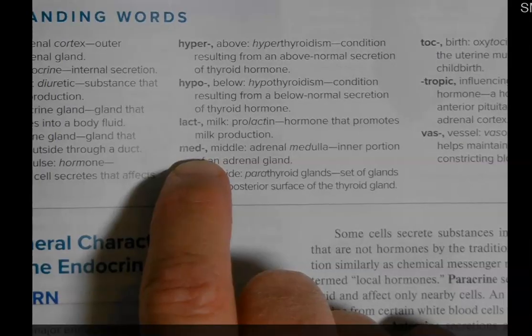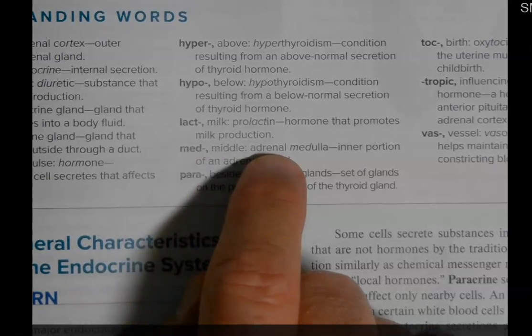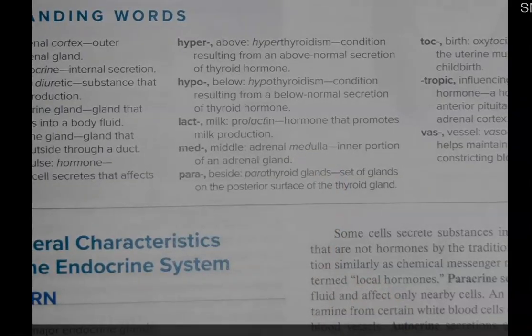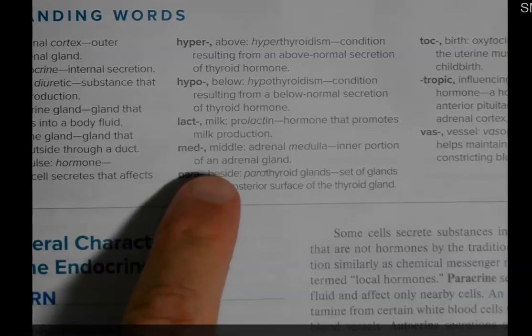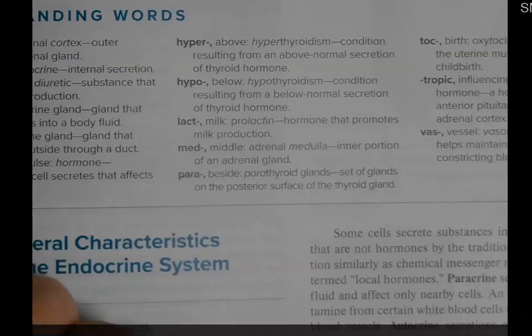Med, in some cases pronounced mead, like the median on the highway. It means the middle. The adrenal medulla is the inside part of the adrenal glands. We contrast that with the adrenal cortex that we saw as the first of these words.